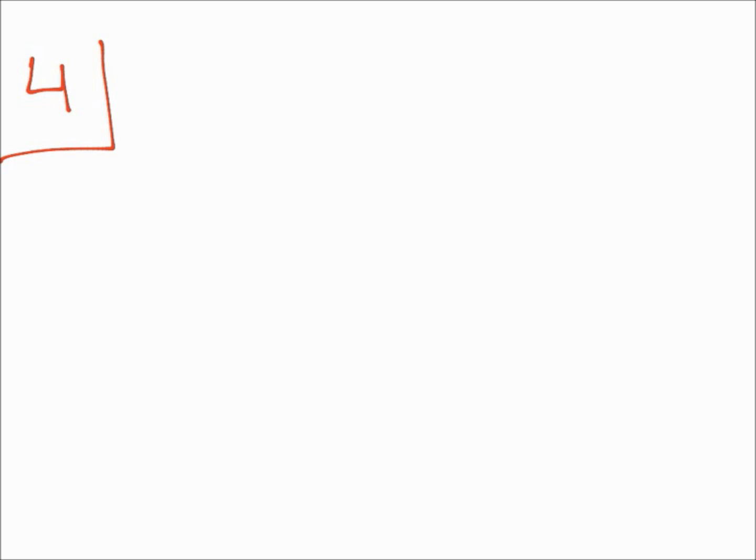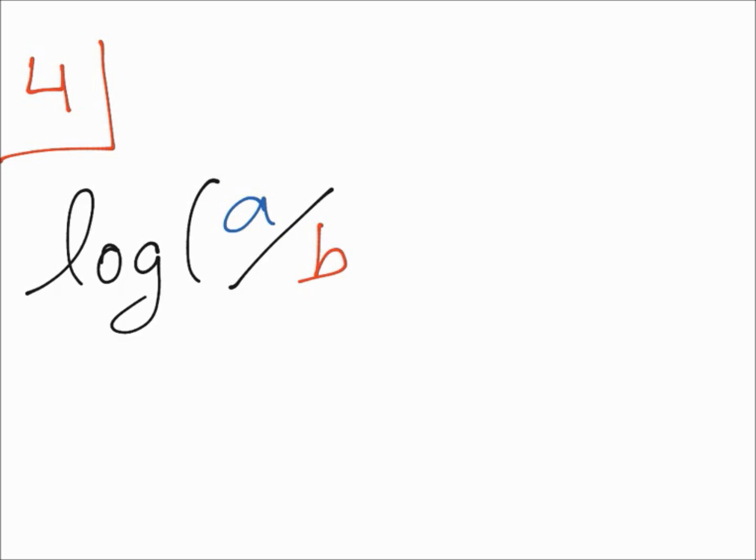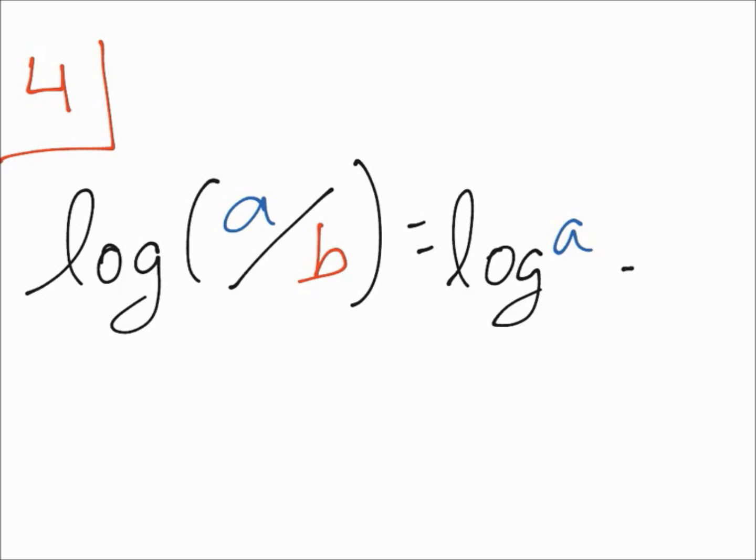So let's say the logarithm of a over b is going to be equal to the logarithm of a minus the logarithm of b. So rules 3 and 4 are easy to remember because they're just the opposite of each other.